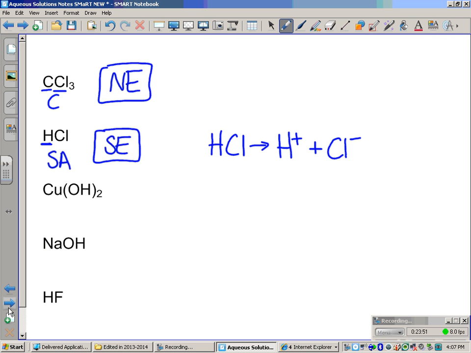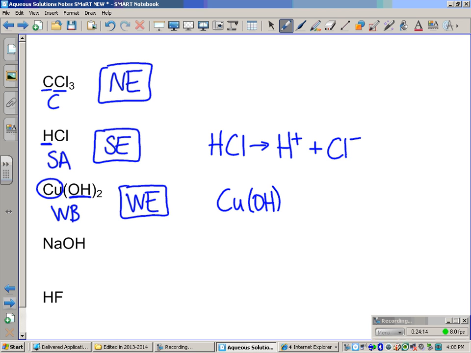Next one, I've got a hydroxide. That's an indicator that it's a base, so we know it's a base. Look at the first part. Cu is not one of our strong bases, so this is a weak base. Any weak acid or weak base is considered a weak electrolyte. And weak electrolytes, we're going to write equations for, but we're going to use a double-sided arrow.